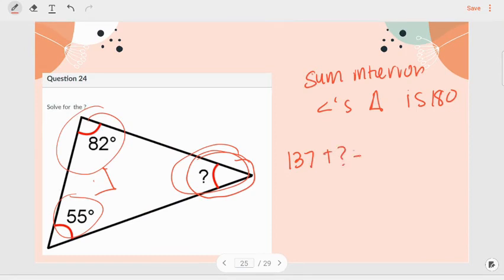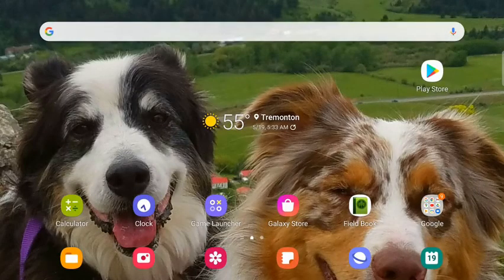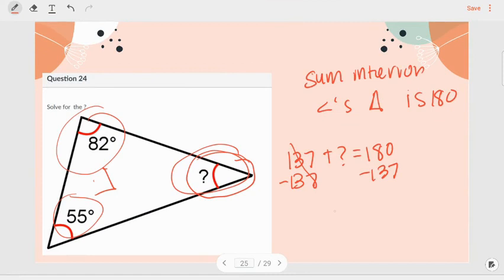Plus my question mark equals 180. So how do I find that last unknown? Well, I'm going to undo my operation. I'm going to subtract 137 and see what's left. 180 minus 137 is 43. So my unknown angle is 43 degrees.